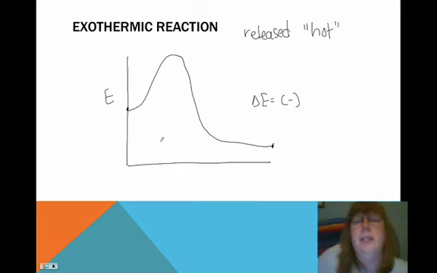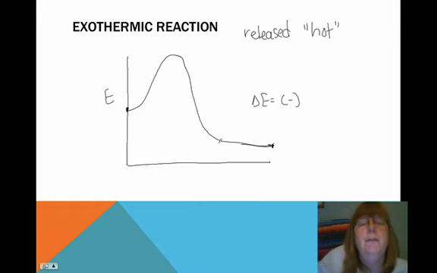Now let's have a look at this really quickly. If we looked at the reverse reaction, first of all, let's look at the forward reaction. Our forward reaction is exothermic. We're ending at a lower energy than where we started. Now let's look at the reverse reaction. Let's go from right to left. We're ending at a higher energy than where we started in the reverse reaction.